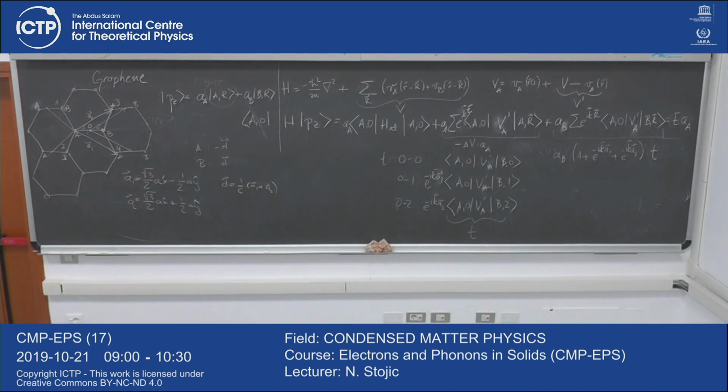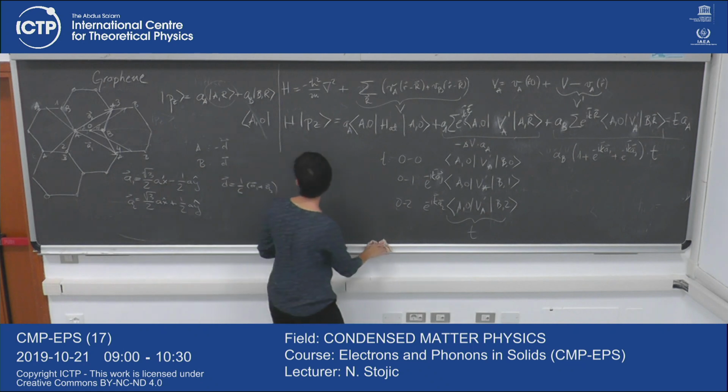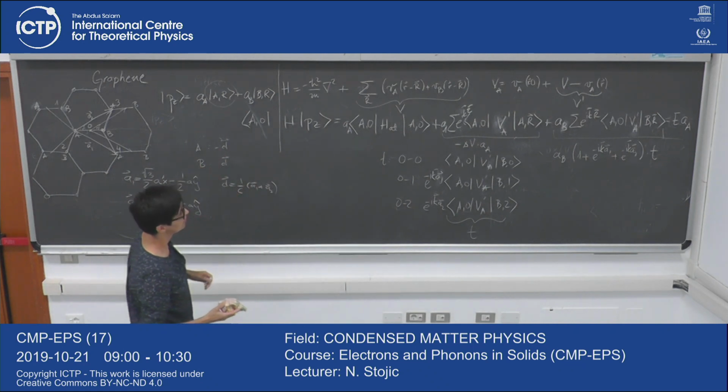Tell me. You look very attentive. Why is the same? We just rotate. It's the same neighbors. It's coming from the crystal symmetry if you want. Okay. What do I remove?